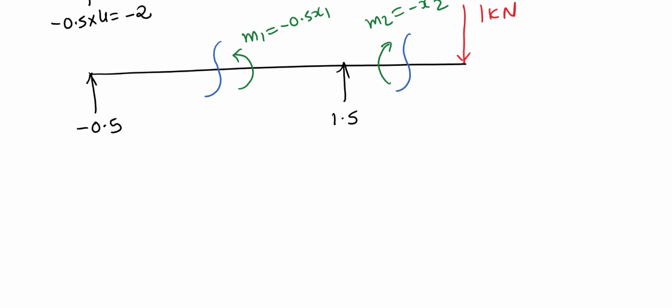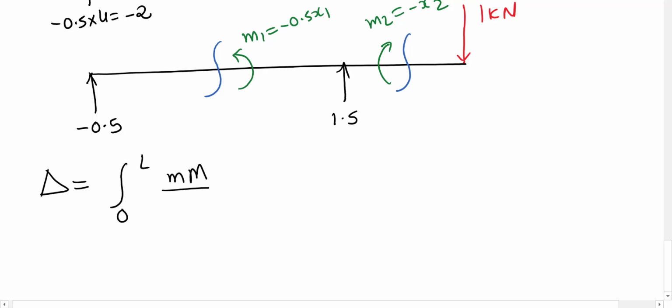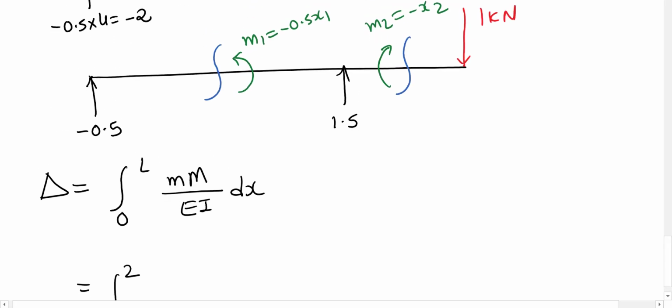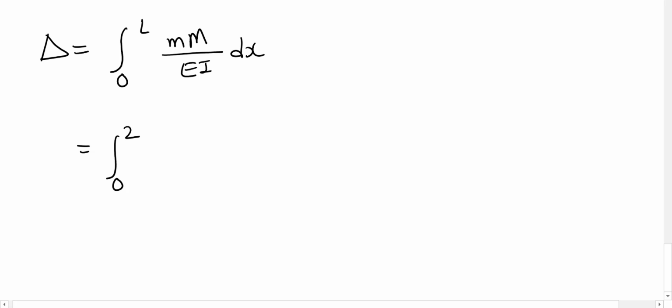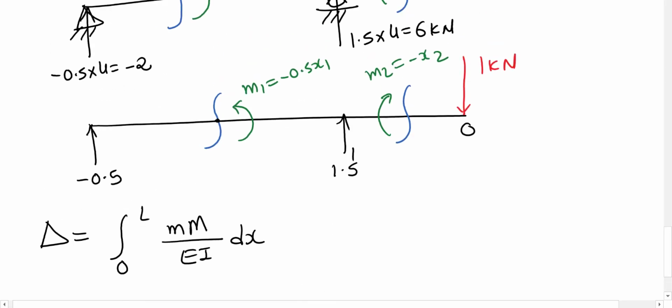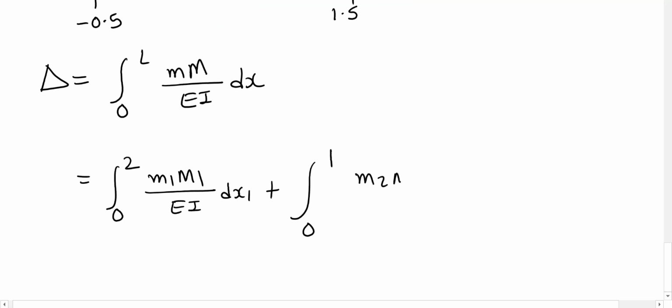Now we apply our equation to find the deflection, equal to the integral from 0 to L of small m capital M over EI dx. We have two different segments. The first segment varies from 0 to 2: small m1 capital M1 over EI dx1. The second cut varies from 0 to 1: small m2 capital M2 over EI dx2.